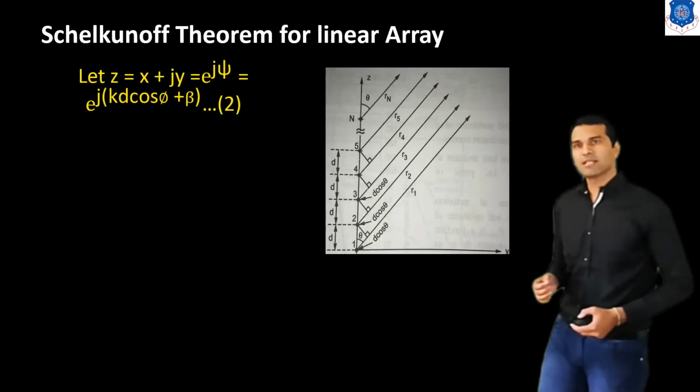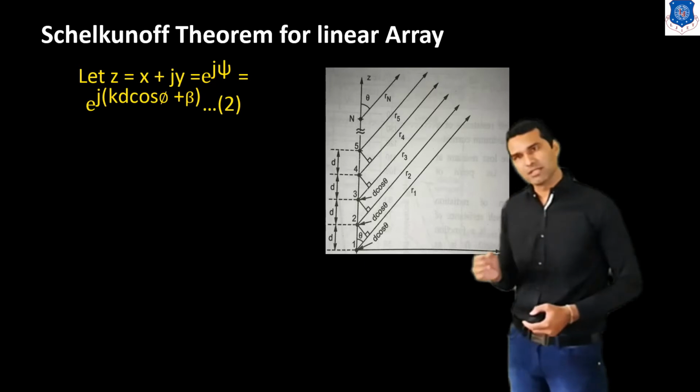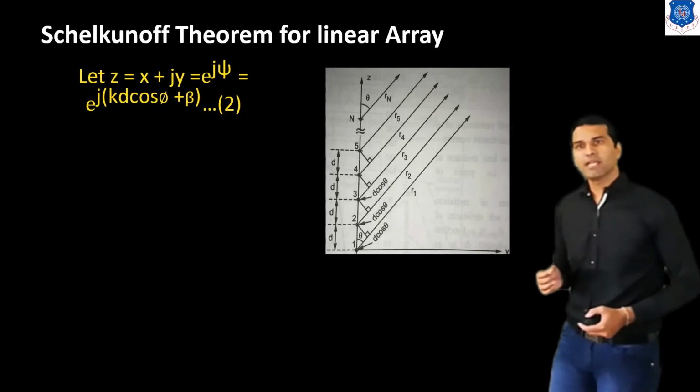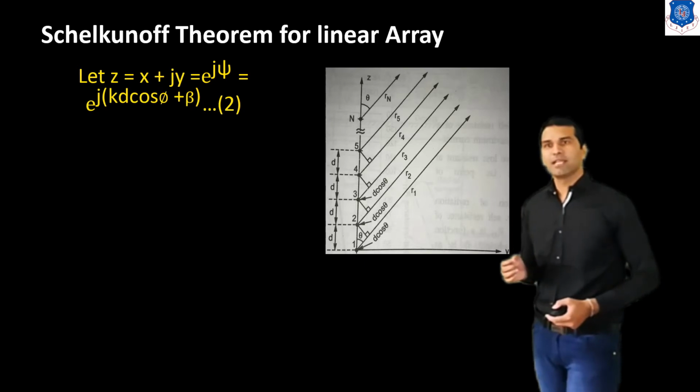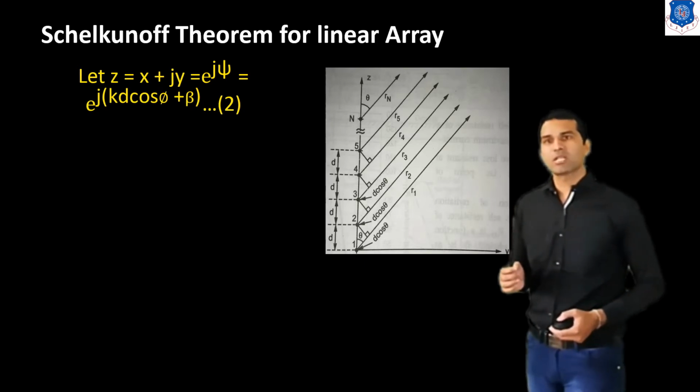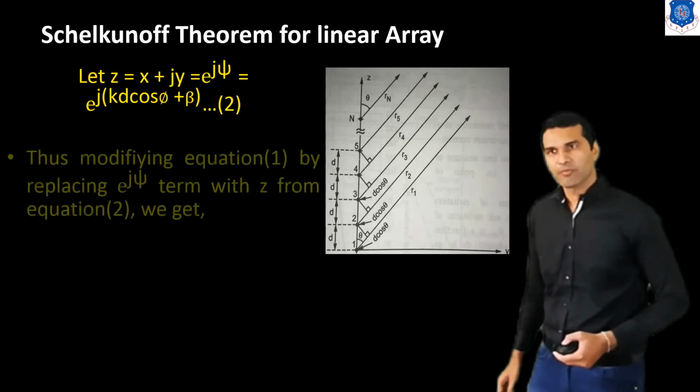Let us consider that z is equals to x plus jy, so e raised to j psi we can write as e raised to j(kd cos phi plus beta).